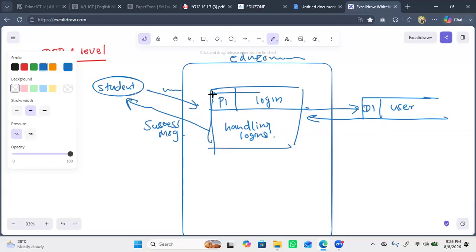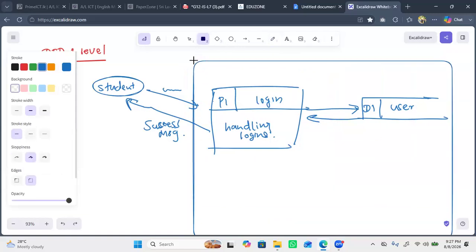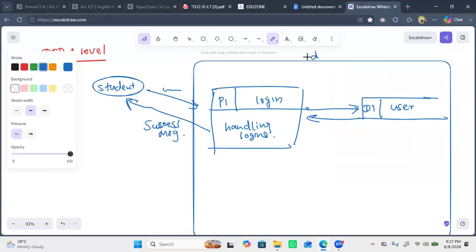Inside there, the place where the student is working, we have to draw as a separate process. Sorry, my system includes the data store also. The data store also comes under the system, eduzonecollege.lk, right? Something like that.